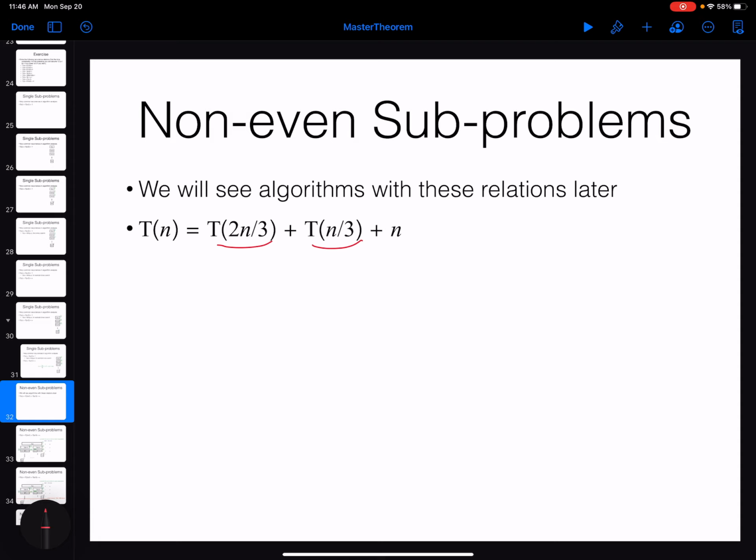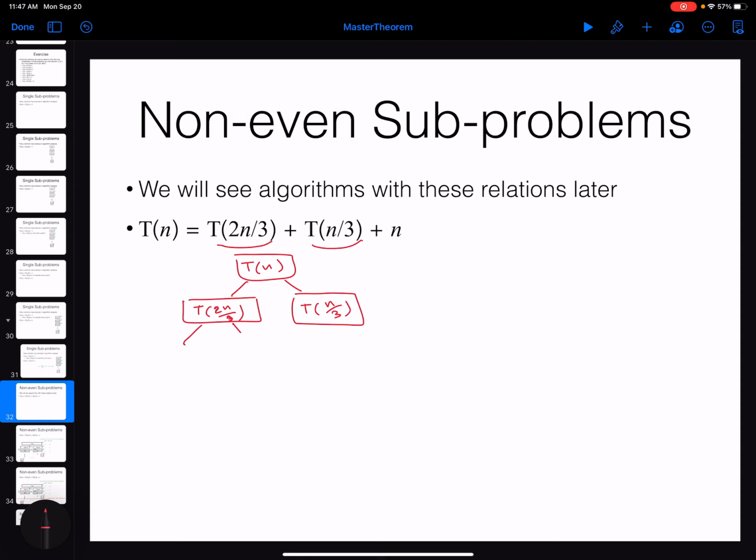Still, I can create the recursion tree, right? So if I create the recursion tree for this relation, it will look like this: T of n is going to be T of 2n divided by 3 plus another T of n divided by 3.